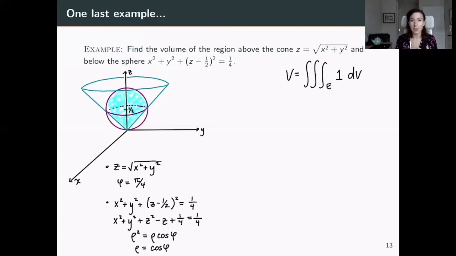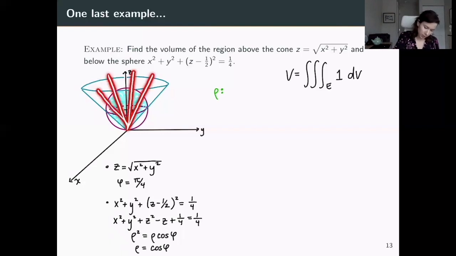So we're ready to go ahead and think about how our phi, theta, and rho are ranging. To start off with our rho, because that seems to be where we always like to go first, remember rho is where we are entering and exiting through this surface in all of these different directions.